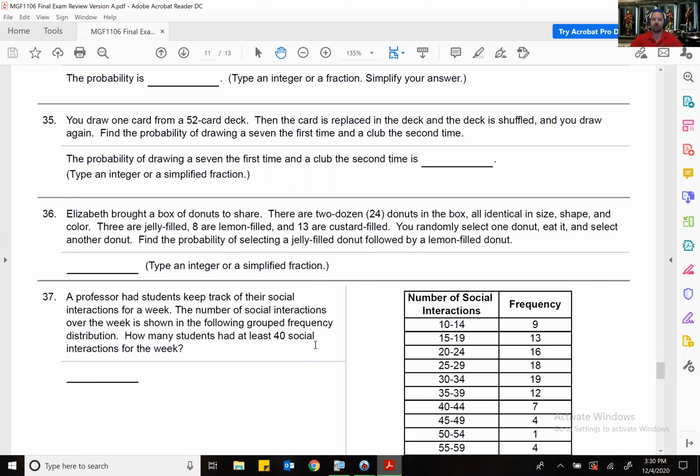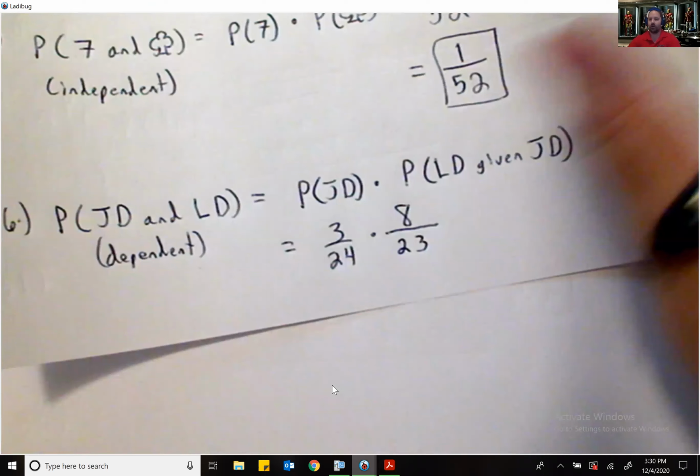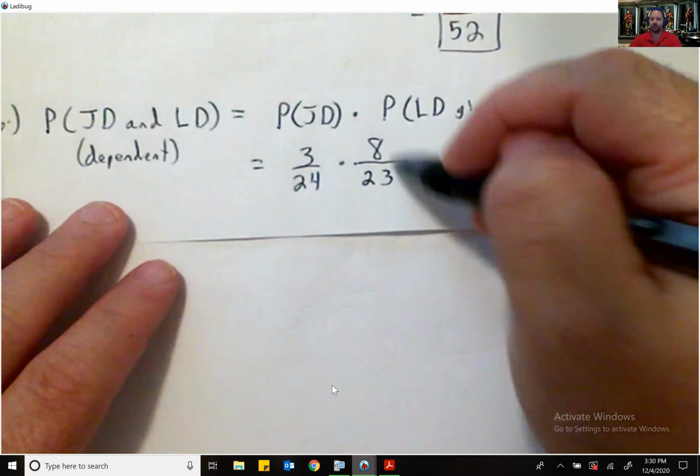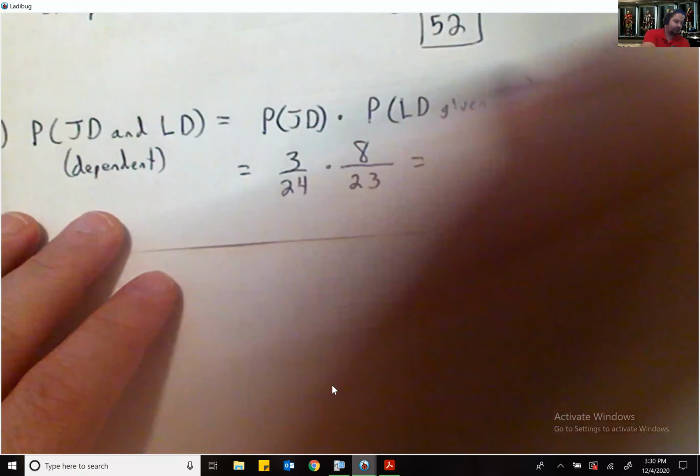Perfect. Now, I've eaten a donut. So how many are left? 23. Good. So how many lemon filled are left? 8. So there's the probability of the lemon. There are 8 out of 23. And so all we do now is multiply.